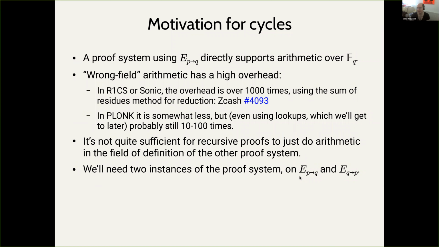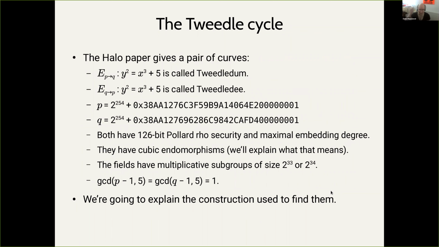Okay, so we've said before that we use 2 instances of the proof system, but how do we construct this cycle of curves? This is the cycle that we give in the Halo paper. It's called Tweedledum and Tweedledee. We use Alice in Wonderland references because Lewis Carroll wrote The Hunting of the Snark, so it's kind of a pun.